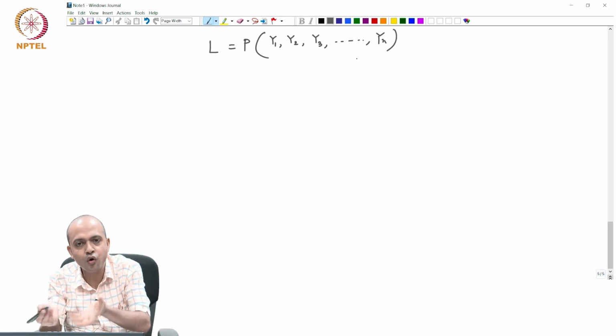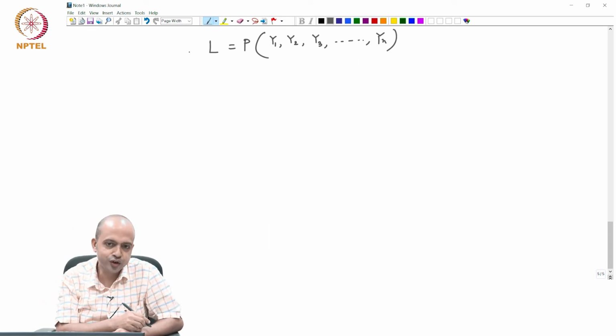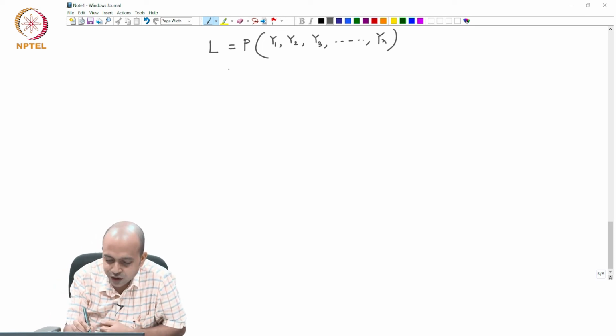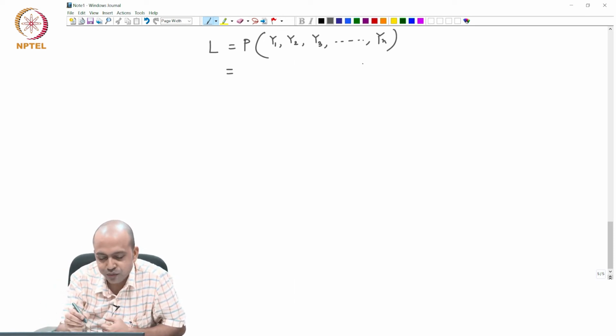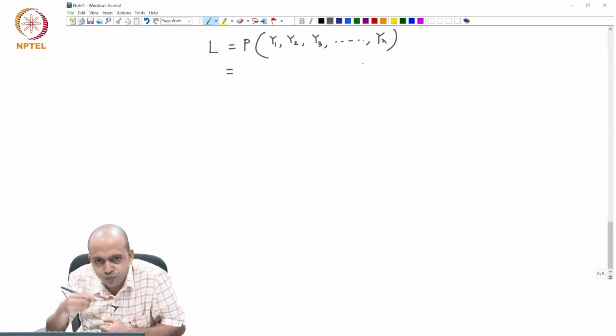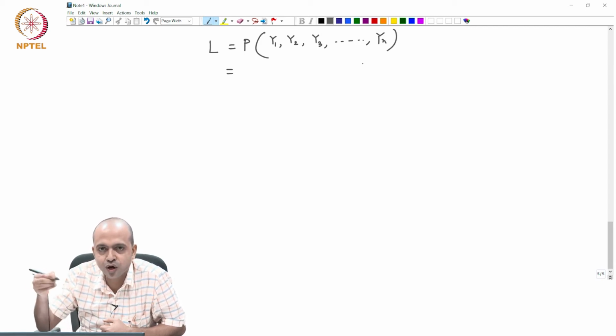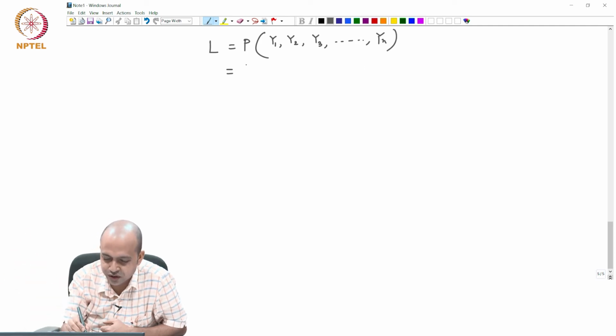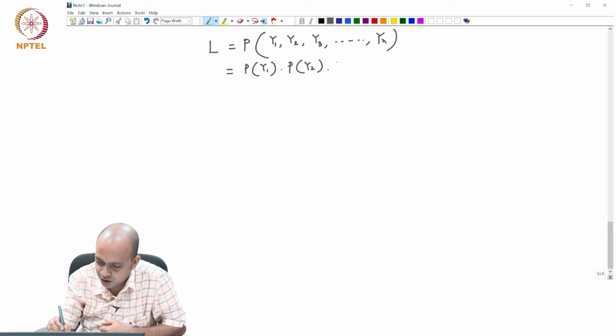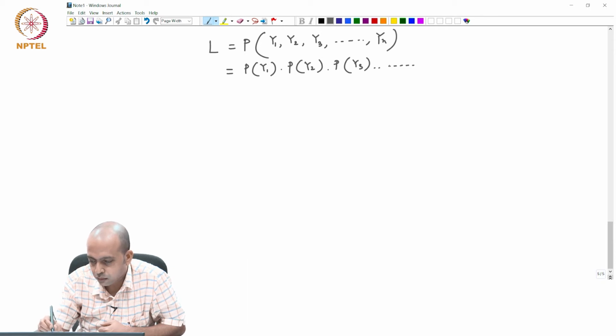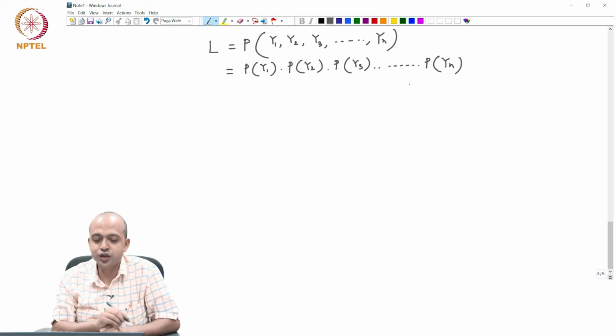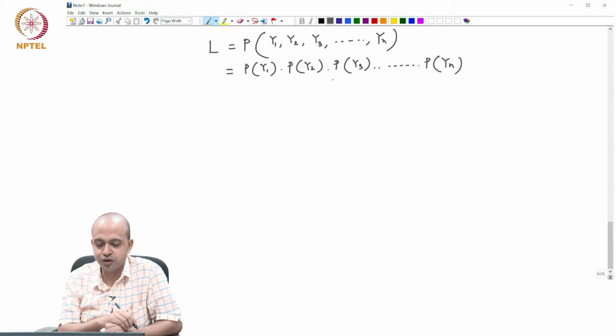So, if you observe all your yi's, that is basically the likelihood function. That means the likelihood function is the joint probability of observing y1, y2, y3, yn. So, this is nothing but probability of y1, multiplied by probability of y2, multiplied by probability of y3, then probability of observing yn. This is the likelihood function, which is nothing but the joint probability distribution function.